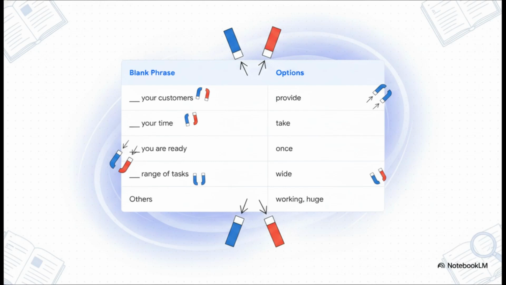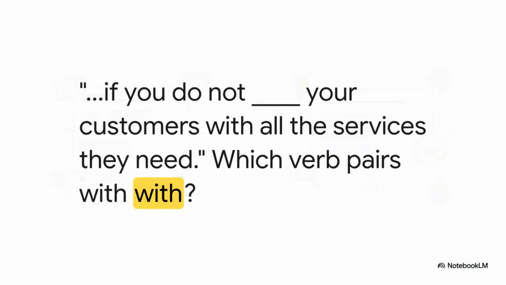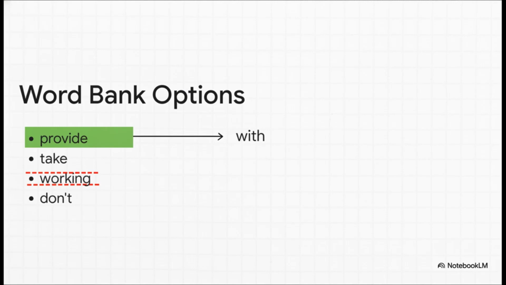It's hard to get anywhere in the data entry field if you do not blank your customers with all the services they need. Now, what's really interesting about this slide is that the verb we choose must logically link to the action of giving services to customers. And it absolutely has to fit with the preposition with. Checking our options, take, working, don't.